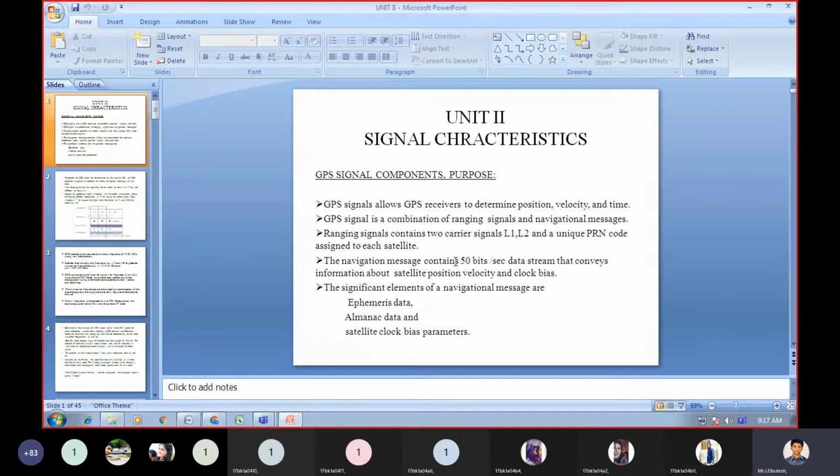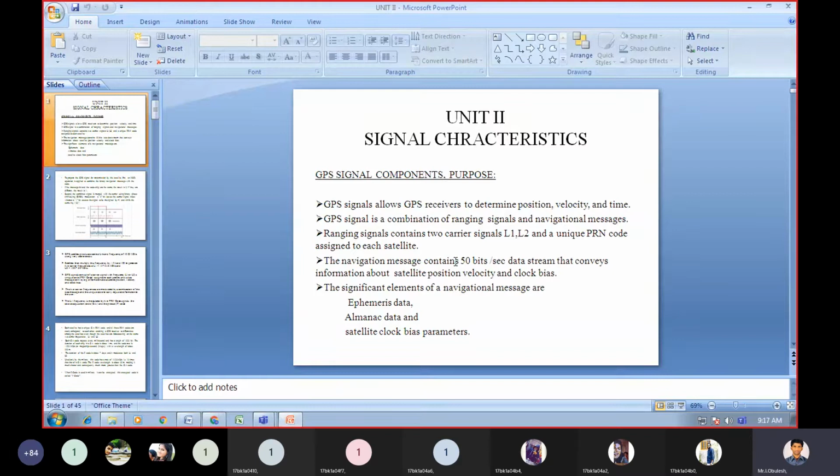Based on the navigational messages, you will be able to find the exact position of the GPS satellite, by using the GPS receiver's longitude, latitude and elevation parameters.